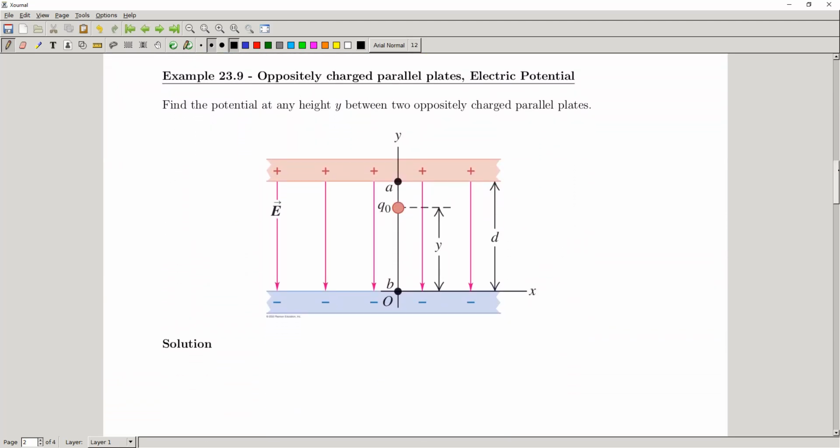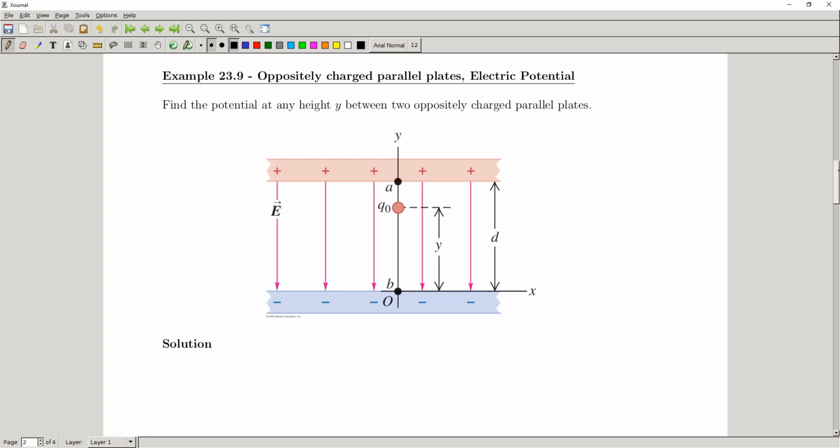This is example 23.9 from the textbook. We've looked at the electric field between two parallel charged plates before, but now we're going to look at the potential between these plates. We have two oppositely charged parallel plates, and we want to find the electric potential at any height y between them.